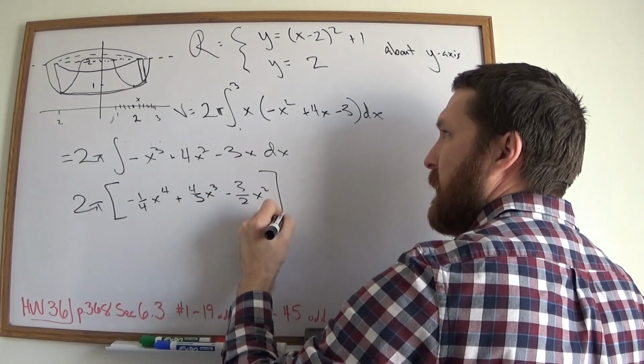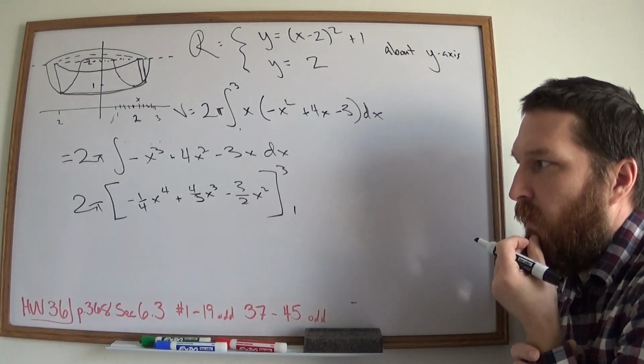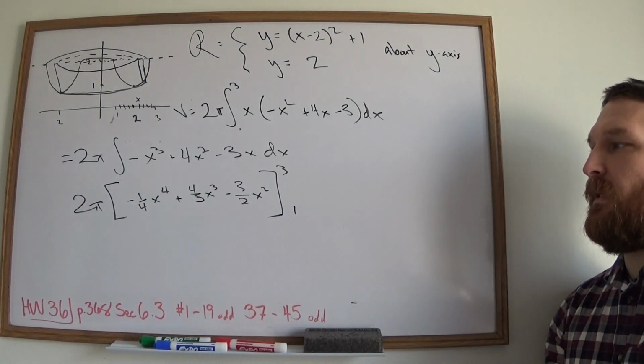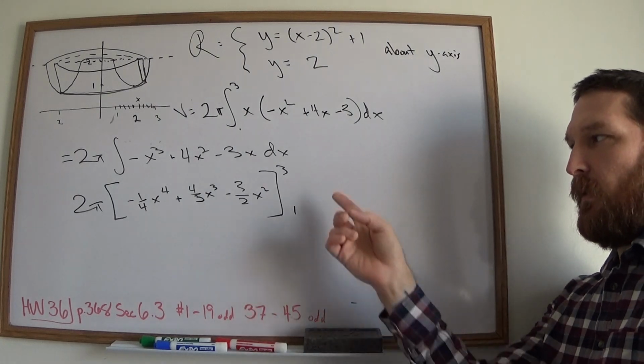We evaluate him up at 3, down at 1. Now in your quiz, you're going to get to this point, and I say at the beginning that you don't have to fully evaluate it, but I want to see you plug these points in.